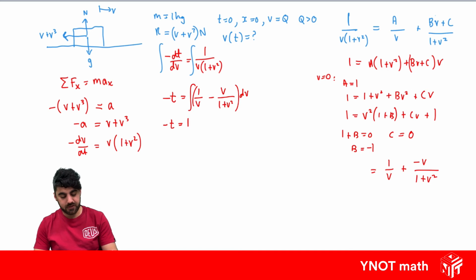The integral of 1 on v is just the natural log of the absolute value of v, minus, now here we've got the derivative of the bottom being 2v, but we've only got v, so we can put a 2 here and multiply it all by a half. So we're going to get minus a half, the natural log of the absolute value of 1 plus v squared, and we're going to get our constant as well.